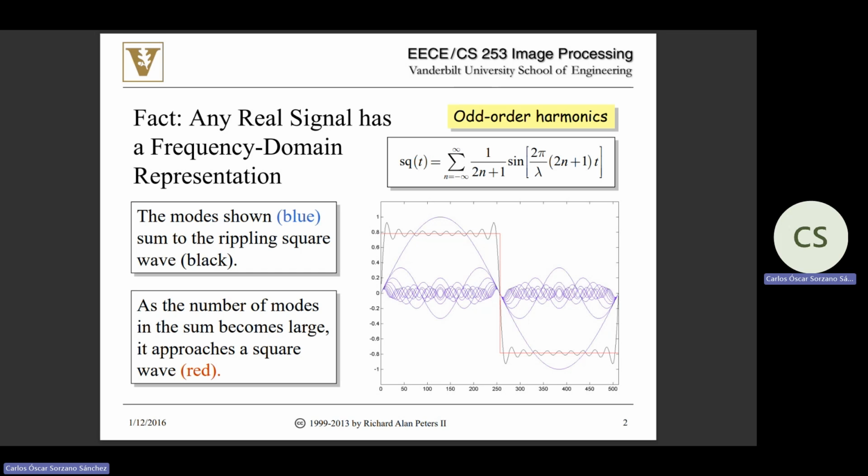What it says is you have a sine, and this sine has a frequency, which is controlled by this term. Then it has a phase, but the phase is all the time zero, so that is why it is not written there. And then it has some amplitude, which is this one.